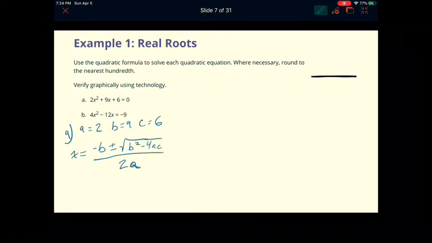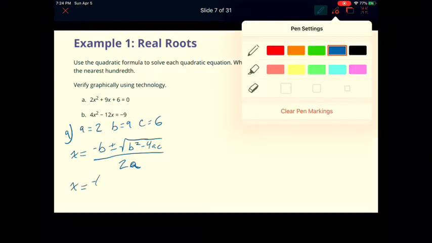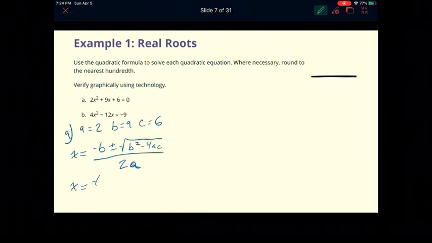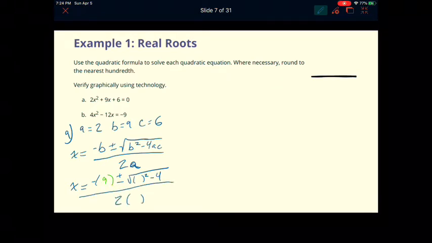Now, fill in our a's and our b's and our c's. So x equals b is 9 plus or minus the square root of, so write it out.